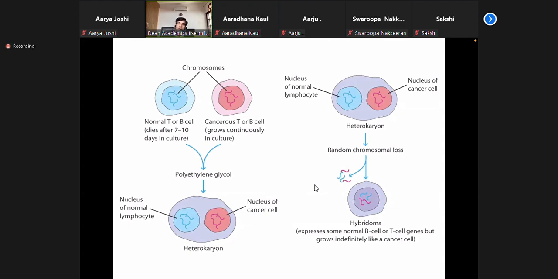Randomly, one set of chromosomes has to be lost from these cells if they have to survive, and this is a random event. That is why the success rate of generating monoclonal antibodies through hybridoma technology is low, because there are so many variables in between.